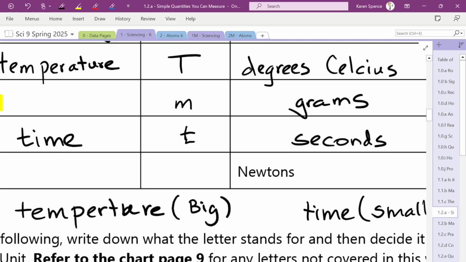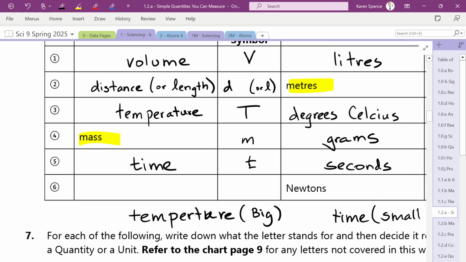And last but not least, what is measuring? Newtons. Force. Do you guys know the story about Sir Isaac Newton? Sir Isaac Newton sat under the apple tree, and an apple fell on his head, and he was like, oh, gravity.